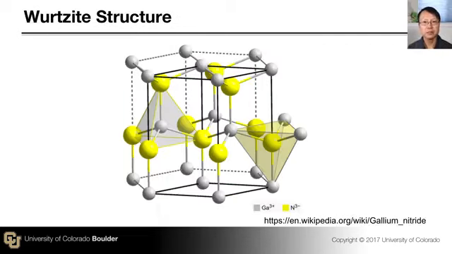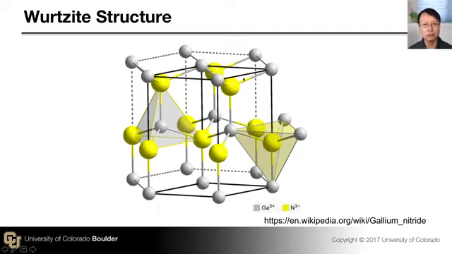You could have a similar situation with a hexagonal Bravais lattice as well. In this figure, you see these gray spheres form a hexagonal Bravais lattice, and each of these gray atoms has a yellow atom paired to it.